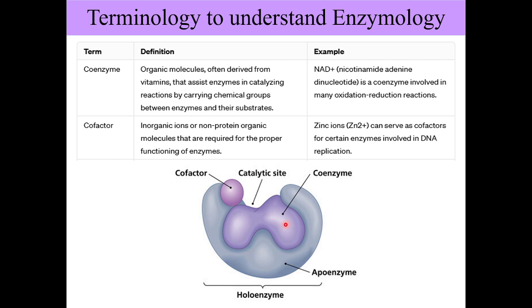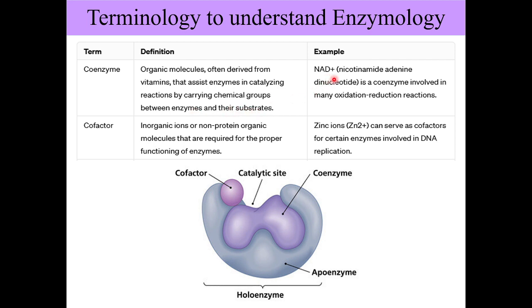When a coenzyme comes and binds to it to form a holoenzyme. Holo means whole, that is complete, and this holoenzyme is a functional, biologically active molecule. This coenzyme is often an organic molecule, often derived from vitamins, that assists enzymes in catalyzing reactions by carrying chemical groups between enzymes and their substrates.